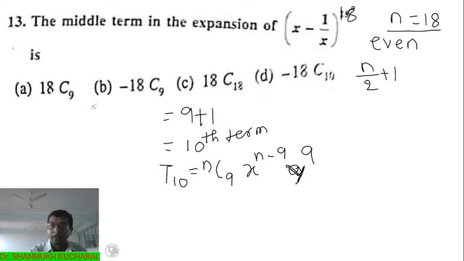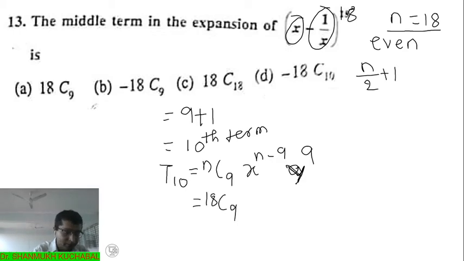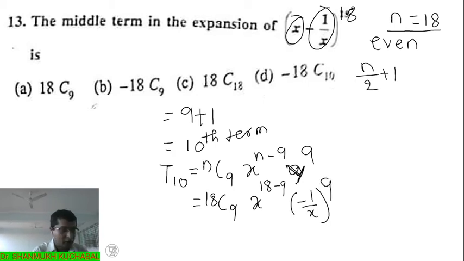X is the first term, y is minus 1 upon x, that we will substitute in the next term. So n equal to 18, 18C9, x raised to 18 minus 9, and y is minus 1 upon x raised to 9. So further we'll simplify this.